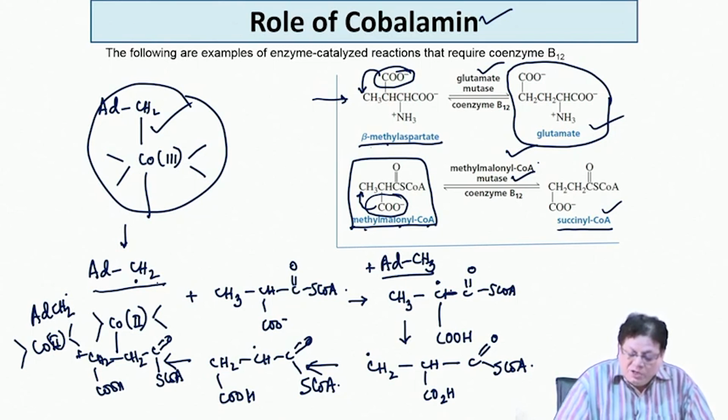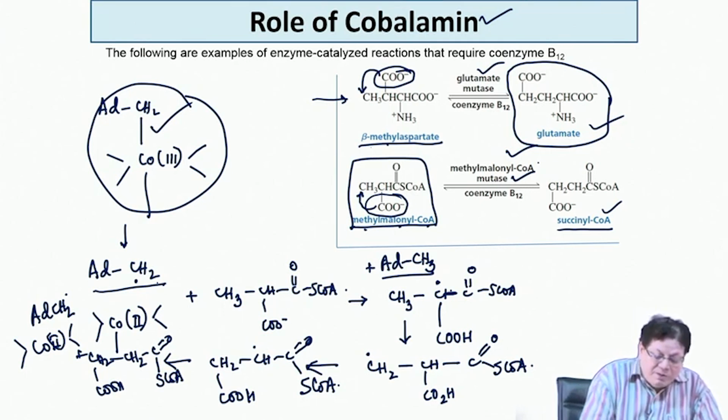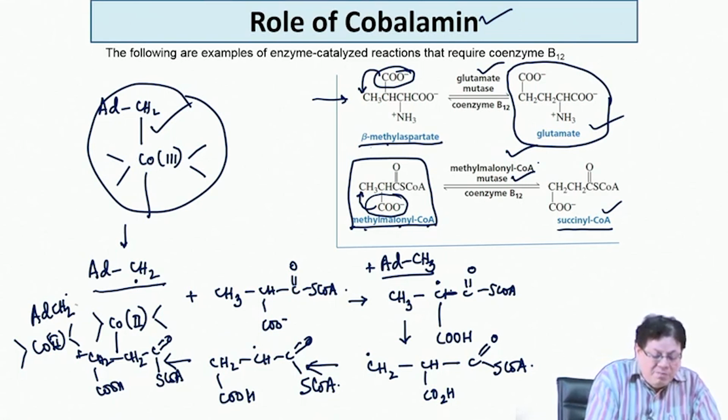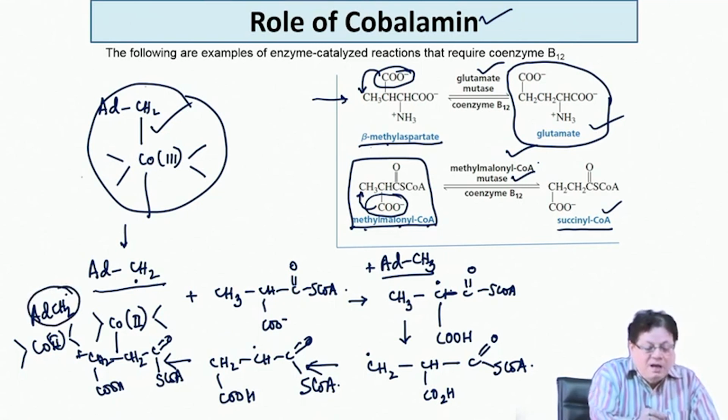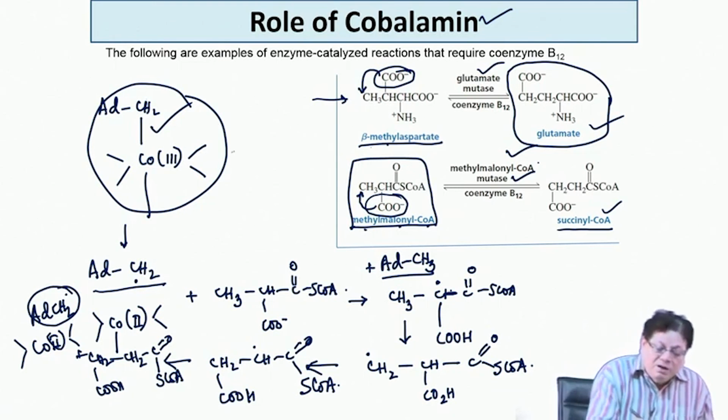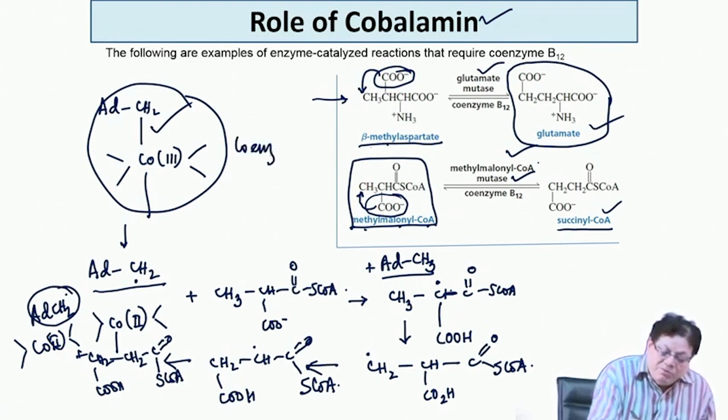So, CO2H then migrates, resulting in a radical produced here, the CO2H migrates here, again producing the radical at this position, and then this abstracts the hydrogen from the AdCH3, adenosine CH3, resulting in formation again of AdCH2 dot, and that can combine with the cobalt 2 complex to make the coenzyme of vitamin B12.